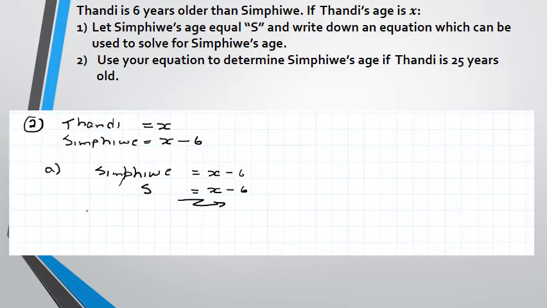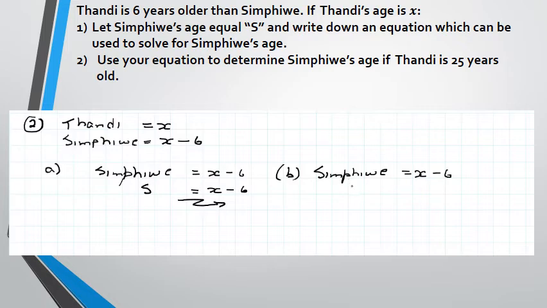In question number B, they ask me, use your equation to determine Simpiwe's age if Tondi is 25 years old. So if I write the formula down again, Simpiwe S equals x minus 6.